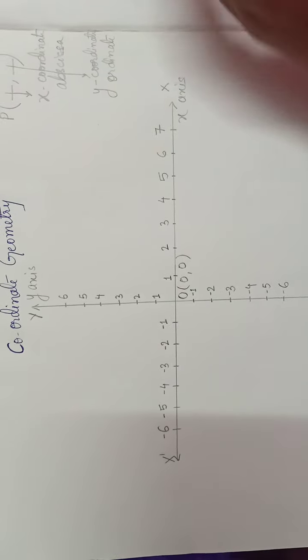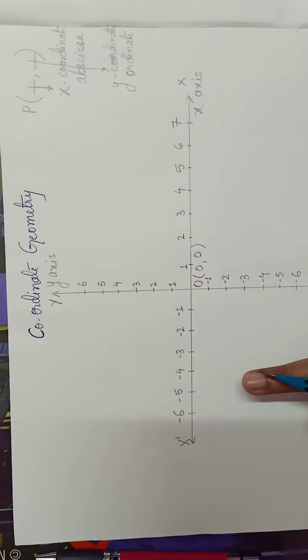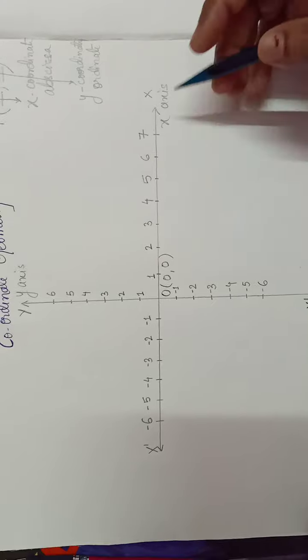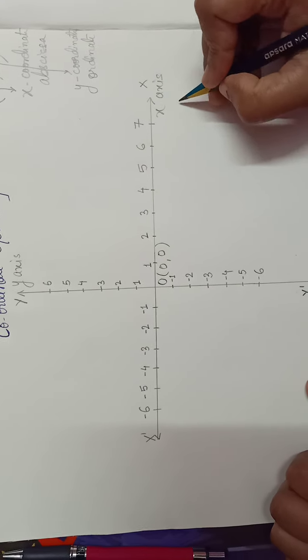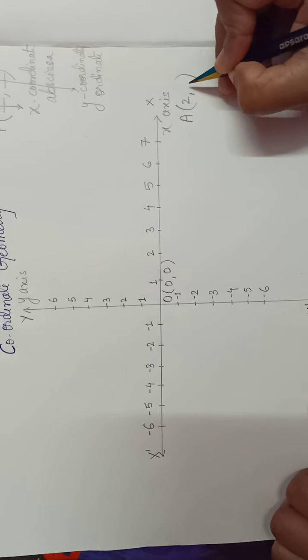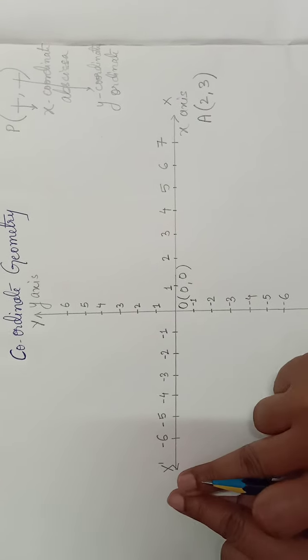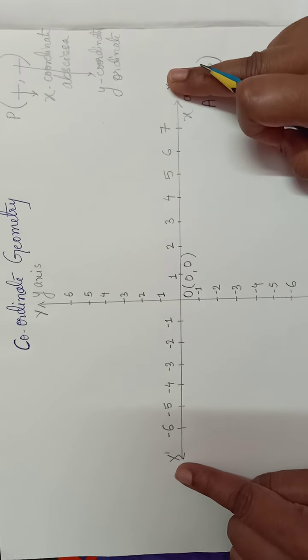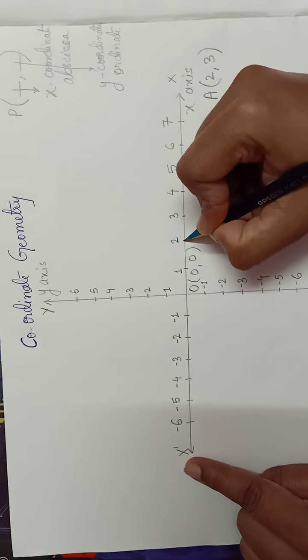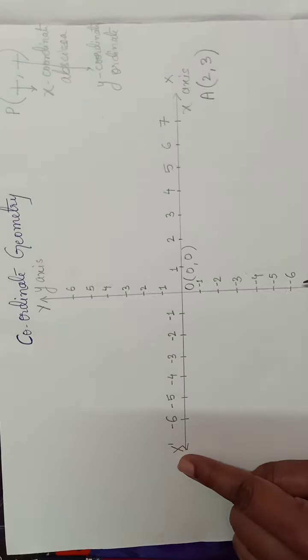Okay, so this is the first quadrant, this is second, this is third, this is fourth. If we have to plot point A with coordinates 2, 3, we have to search 2, the first number, on the x-axis. So here I got 2, and 3 on the y-axis.